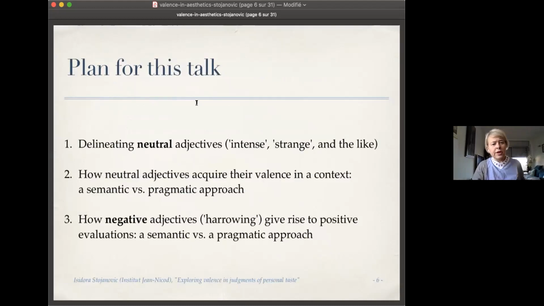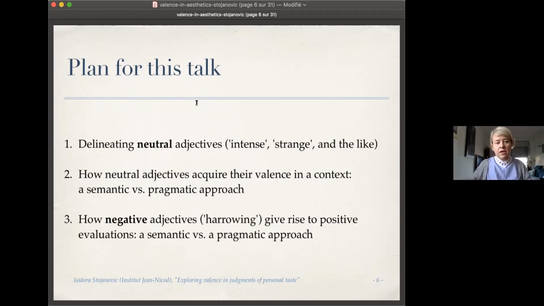So the plan for the talk is that I am first going to spend some time on a project that I'm currently involved in, a joint project with a colleague, Elsie Kaiser, on what these adjectives such as intense, strange, and so on are like. So the idea is to get a grip on a class of adjectives which hasn't been much discussed in the semantic literature, namely those neutral adjectives, and see how they are different from the evaluative adjectives.